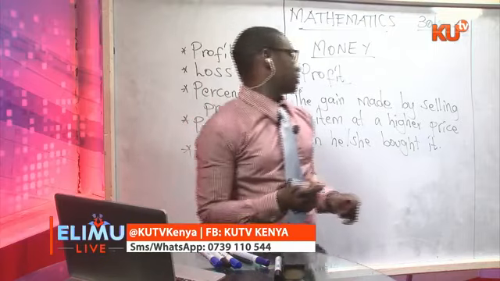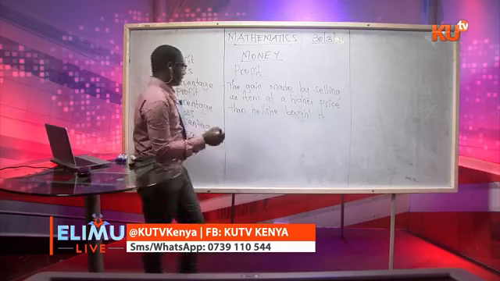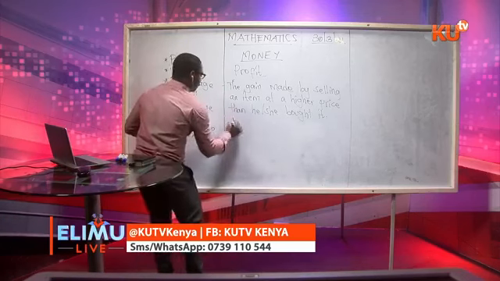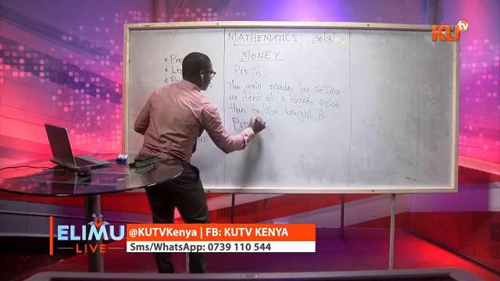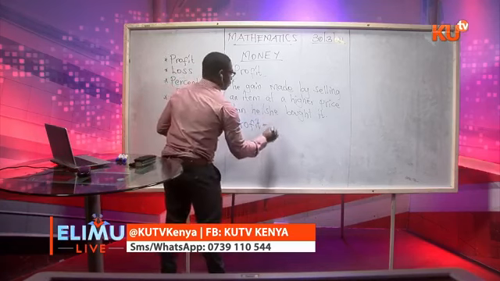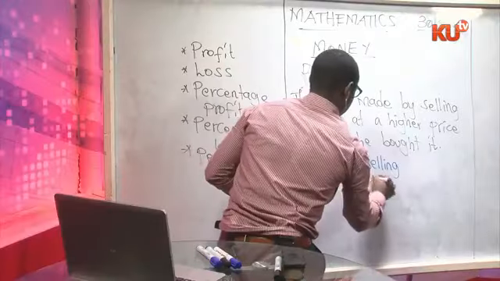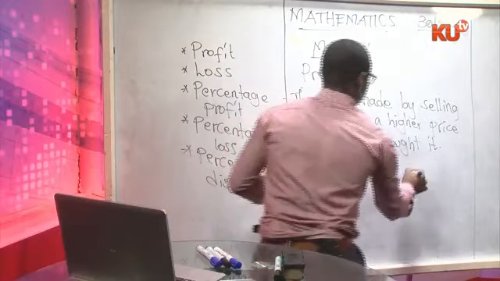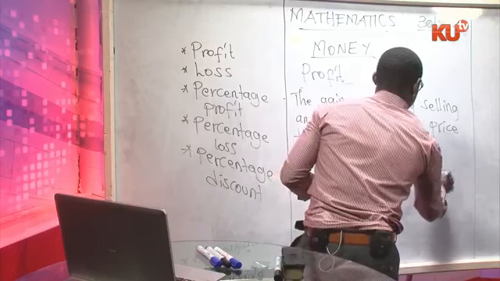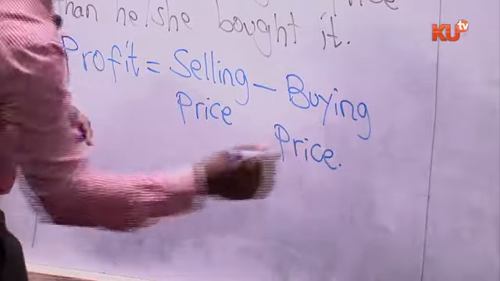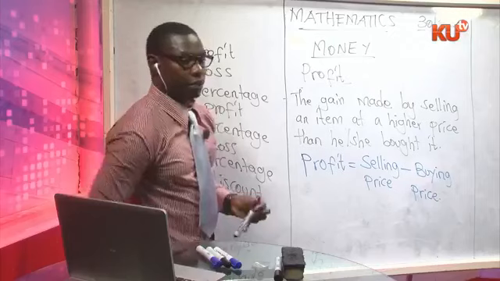Now, profit is calculated. So we have the formula for profit. To work out profit, we take selling price, take away buying price. So this is a formula that you can use to calculate profit.